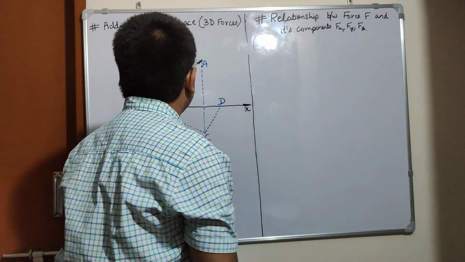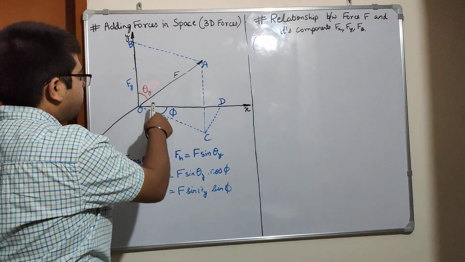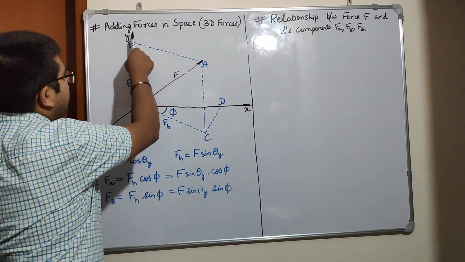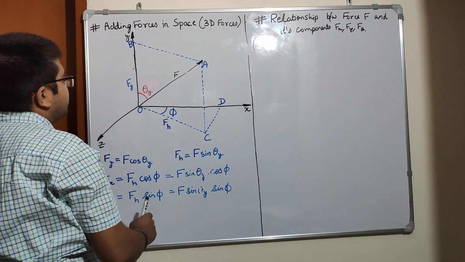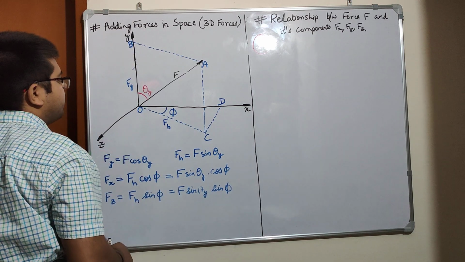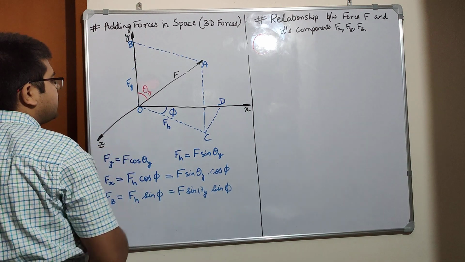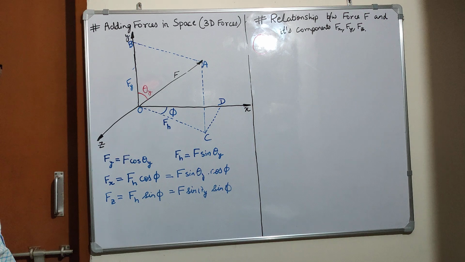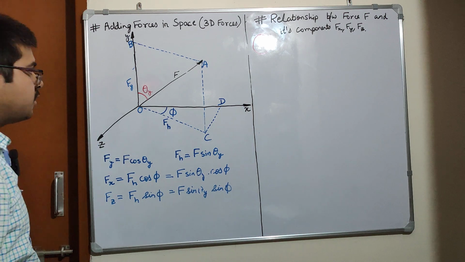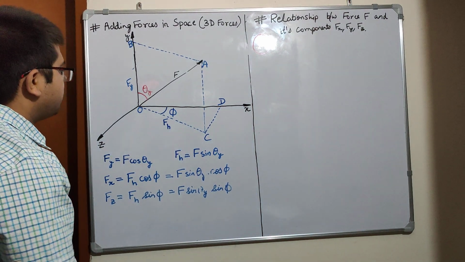So we have theta y from the y-axis to the force F, theta x from the x-axis to the force F, and theta z from the z-axis to the force F. Though I have not drawn them, they are there.